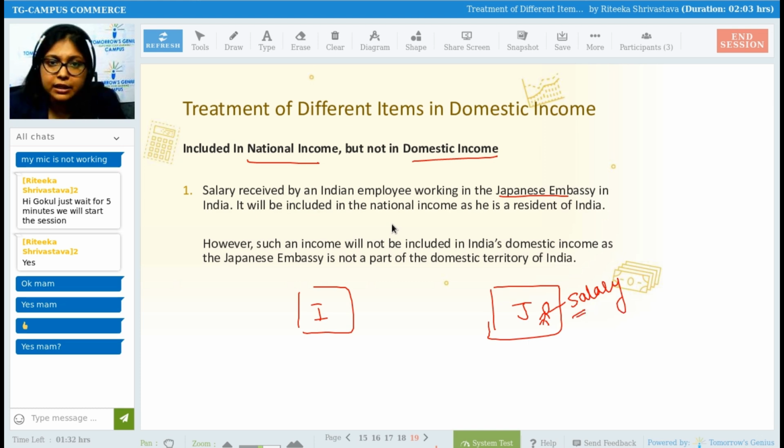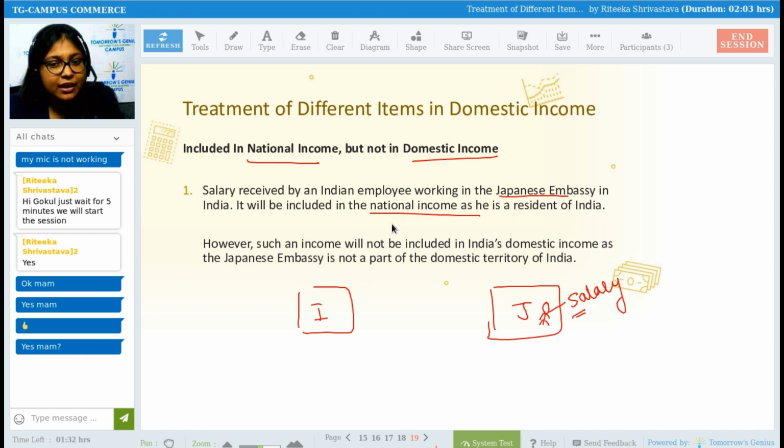Now we have to identify whether it is going to be included in national income or in domestic income. Both, there is no option. There is no transaction which can be included in both national as well as domestic income. It will be included in national income as he is a resident of India.